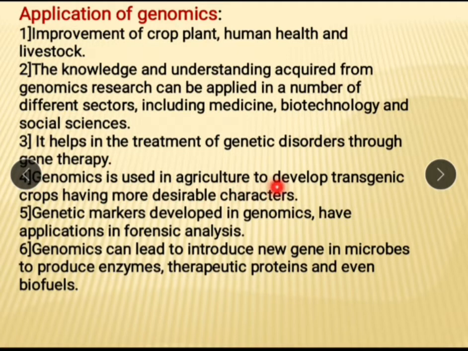Genomics is used in agriculture to develop transgenic crops having more desirable characters. Transgenic means an organism with a foreign gene. Here we obtain many transgenic crops. For example, Brassica napus contains the gene of leech, and a product obtained from the seed of this Brassica napus is used to treat heart diseases.